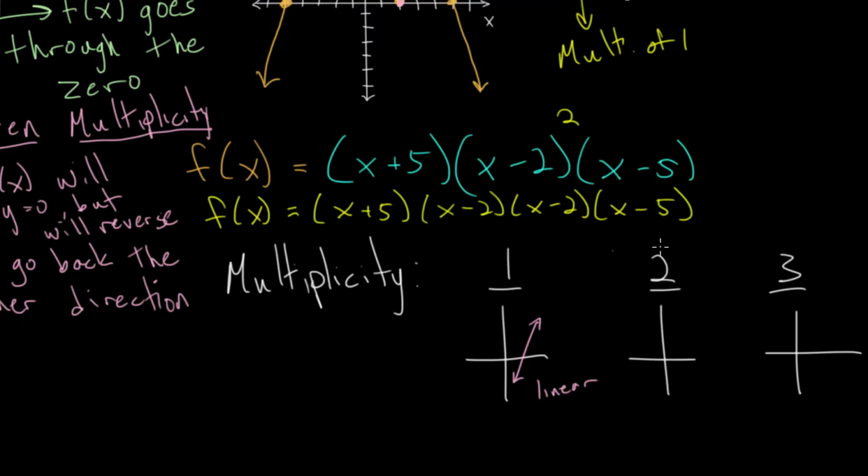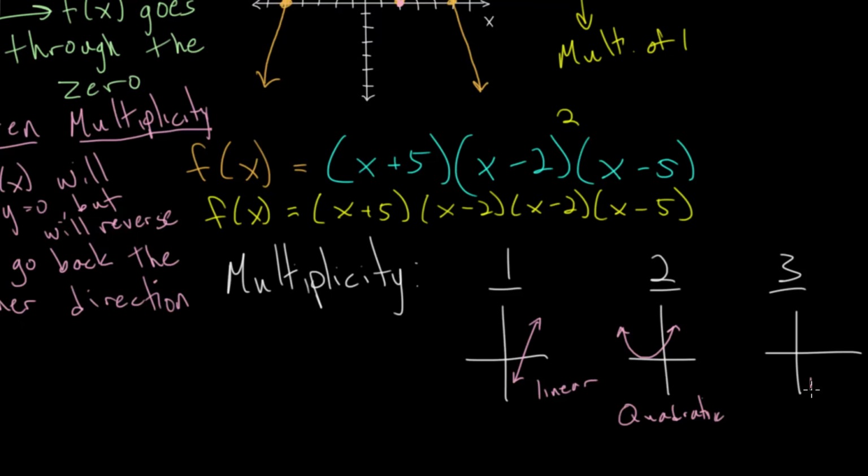However, if we look at multiplicity 2, where it comes down and it just touches the graph and goes back up, and if we look close to that 0, it behaves like a parabola or like a quadratic. And for multiplicity 3, it's going to behave like a cubic at that 0.